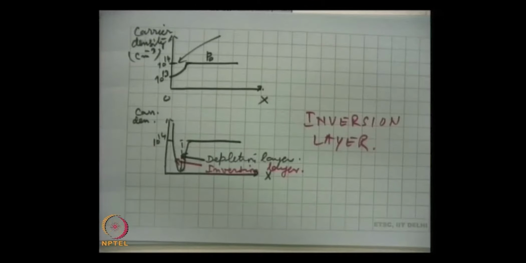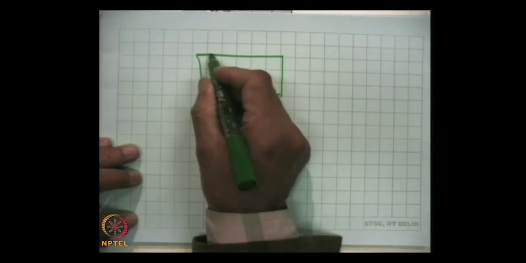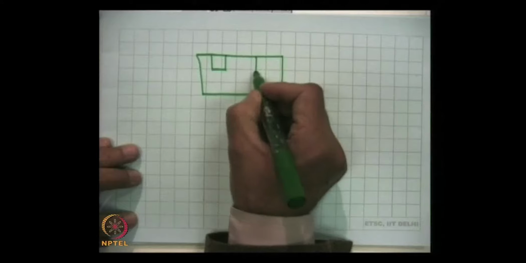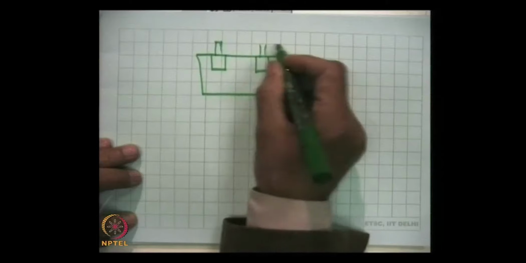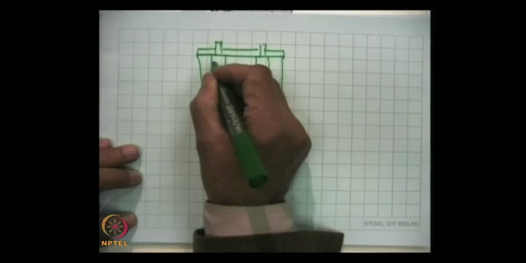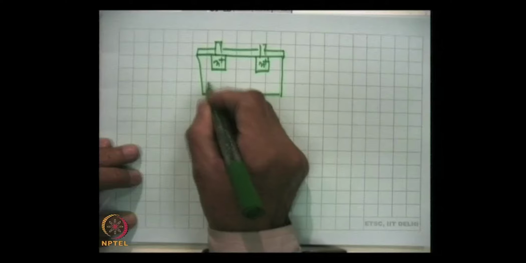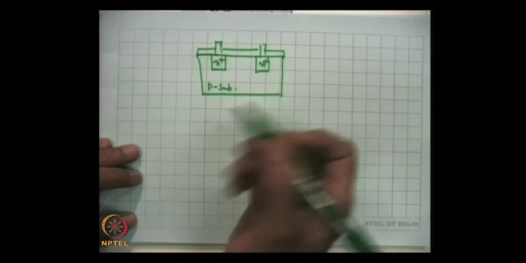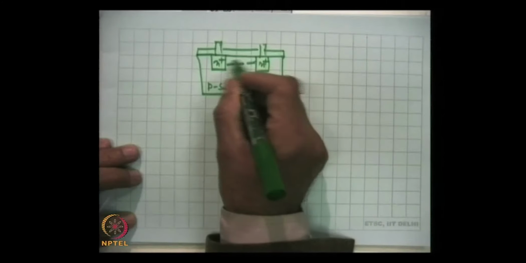Now, finally, what we have is this. N plus and N plus, both are heavily doped N regions. This is the P substrate, normally P silicon, and here this is the channel formed.